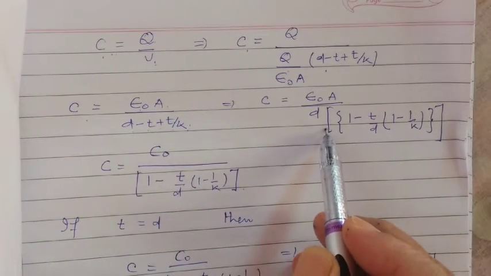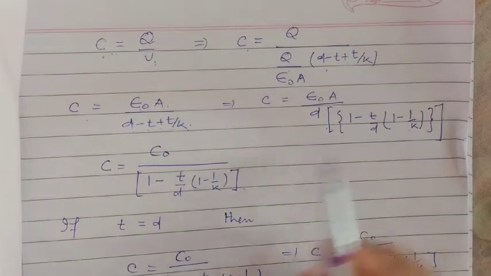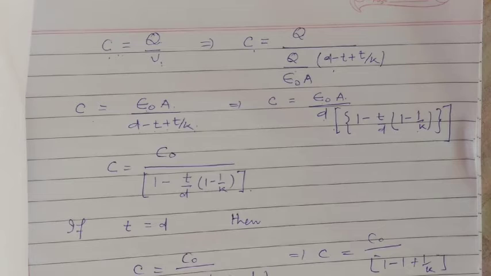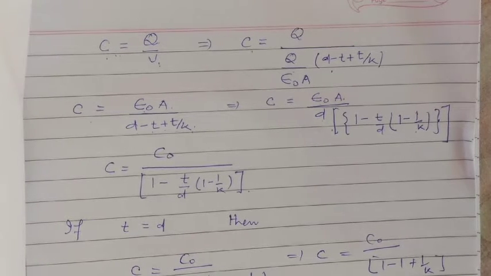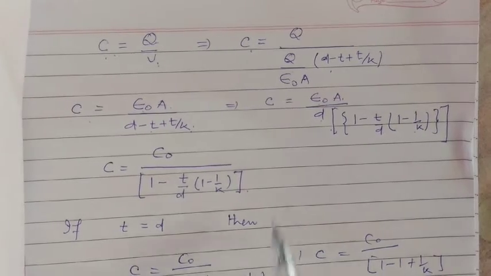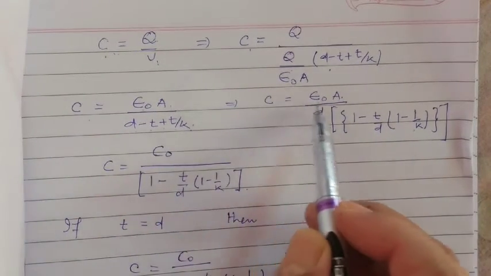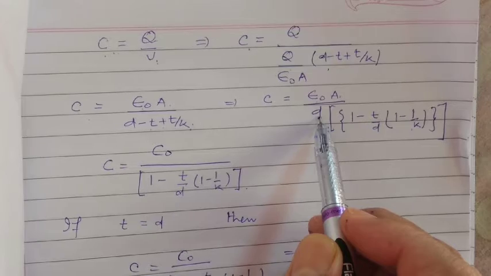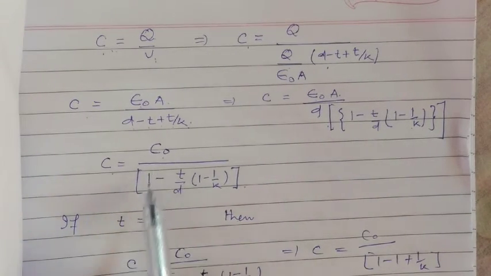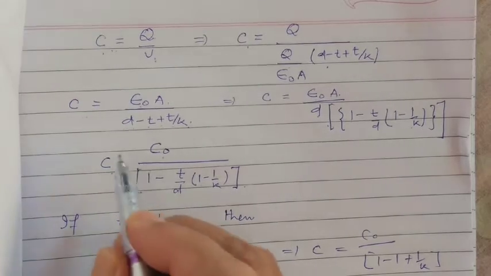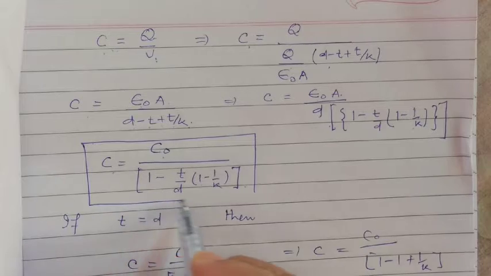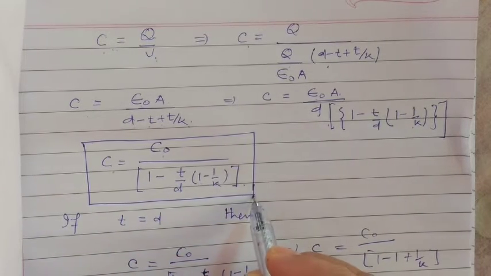Taking D common, we get this expression, and epsilon naught A by D is the capacitance of the capacitor without dielectric, C naught. So C is equal to C naught divided by (1 minus T by D (1 minus 1 by K)). This is the expression for capacitance of a capacitor with dielectric.